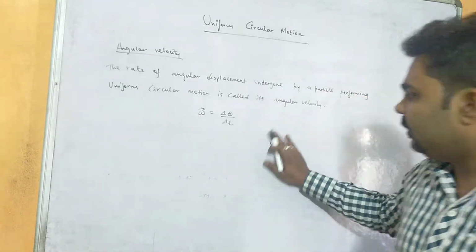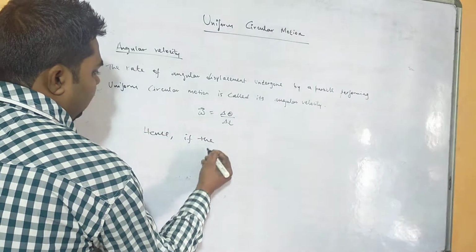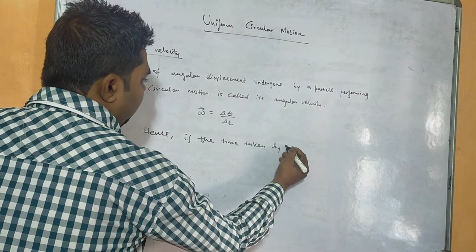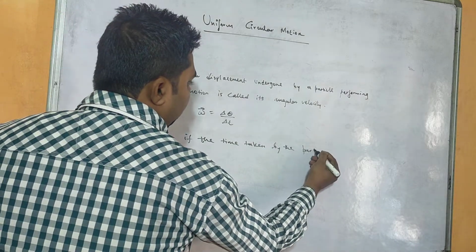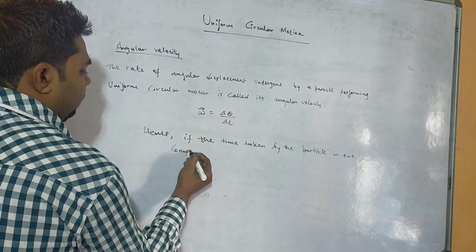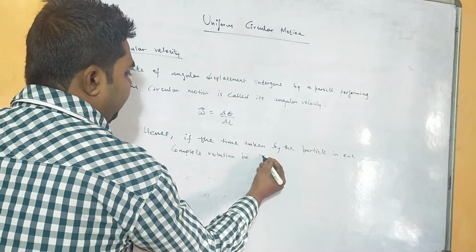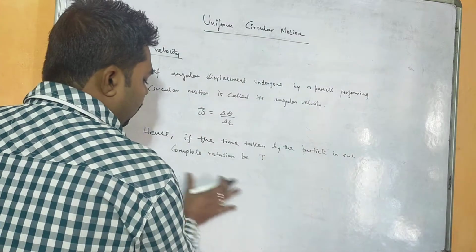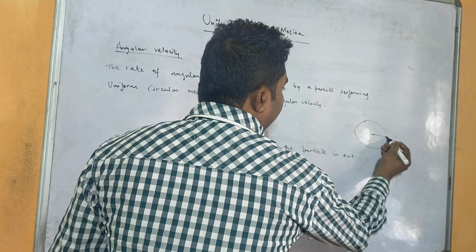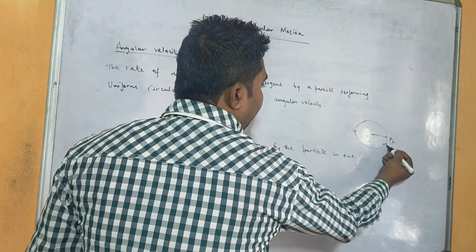Okay. So hence, if the time taken by the particle in one complete rotation be capital T, okay, when an object is moving in a circular path, the total time, this was the position P1, so it has moved, and again it has come back to P1.